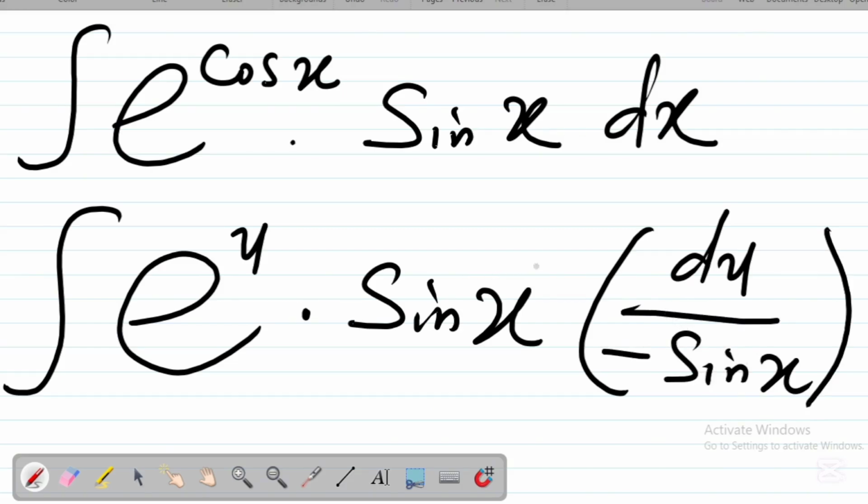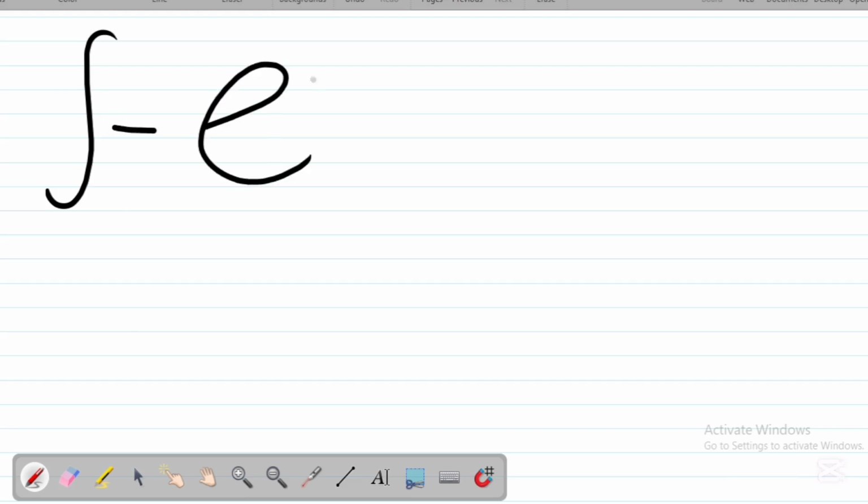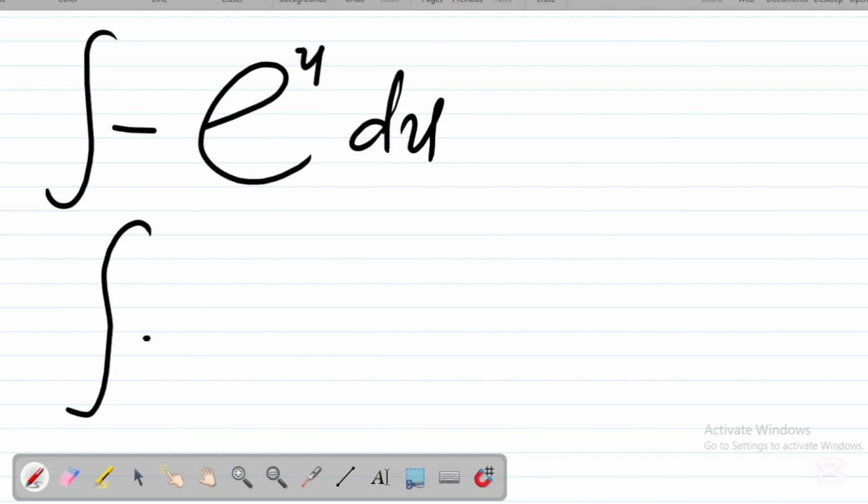So here sine x divided by sine x is 1, so they cancel out. So we are left with the integral of negative exponential u du, which can be written as the integral of negative 1 multiplied by exponential u du.